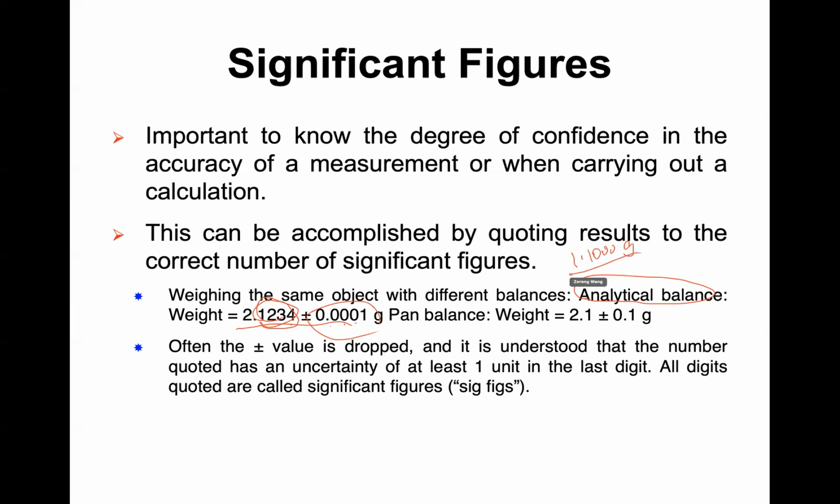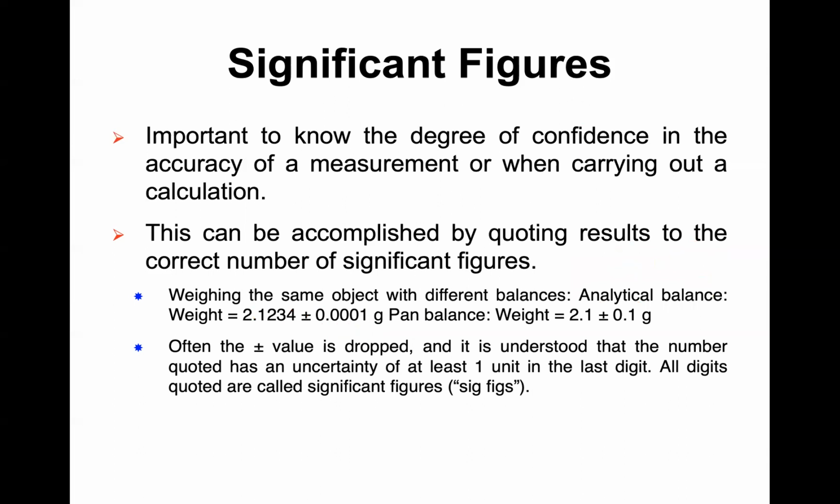You have to write exactly this number, not 1.1 grams. If you write 1.1, it indicates the last digit is the estimate, while 1.1000 has a true value there. Those two numbers have equal absolute value when you do the calculation, but they have completely different meanings.